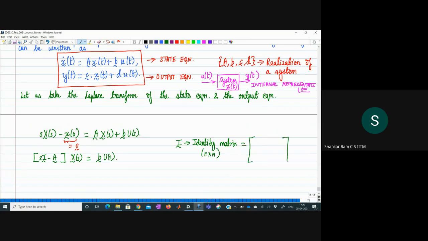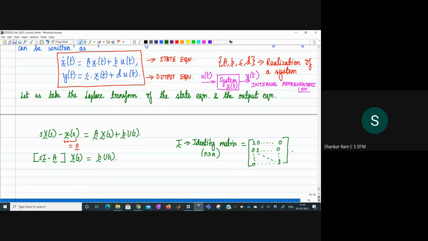So what is this identity matrix? Identity matrix means all the diagonal terms are 1, and the off diagonal terms are all 0. So it will keep on going like this, and you will have 0 everywhere other than the diagonal elements. So that is a diagonal matrix, an identity matrix, with 1 along the diagonal.